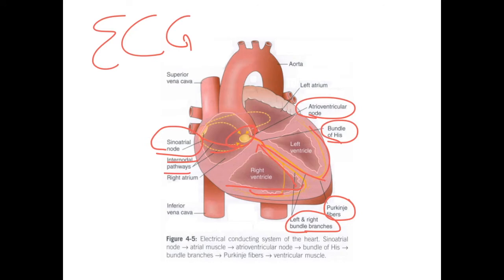So there are two types of tissues: the electrical conducting system, which really controls and expands the electricity in the heart to the rest of the heart muscles, and the second type, the heart muscles themselves, which are the atrium and the ventricle.